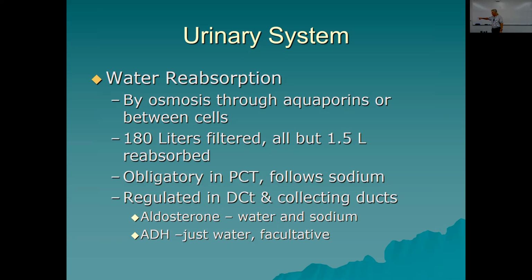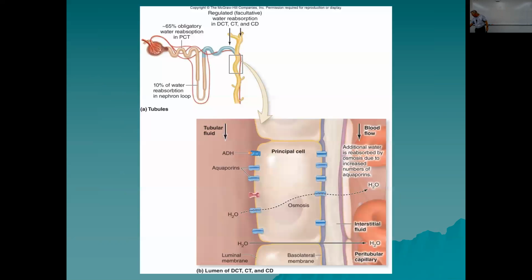Regulated in the DCT and collecting ducts with aldosterone and ADH. Aldosterone, sodium and water coming in; ADH, just water. It's facultative, which means it pulls in a lot of water if ADH is present. It doesn't pull in water, and you lose water in urine if it's not present. And so there's the ADH, the principal cell.